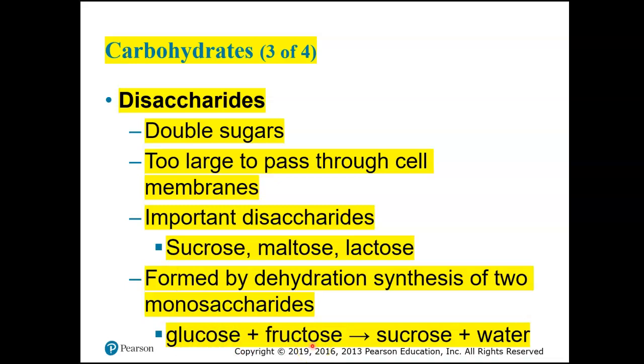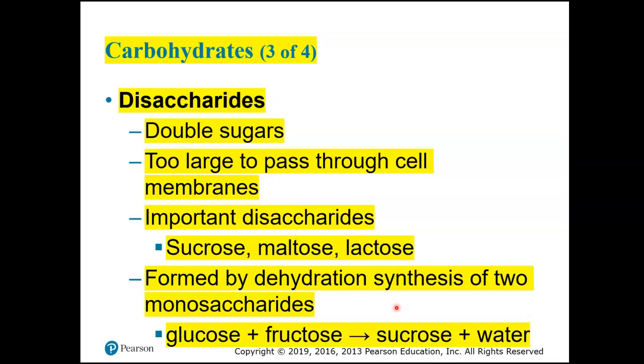Maltose is formed by the dehydration synthesis of glucose plus glucose, so 2 glucose molecules. Lactose is glucose plus galactose. So those are just examples of dehydration synthesis reactions that form these disaccharides.